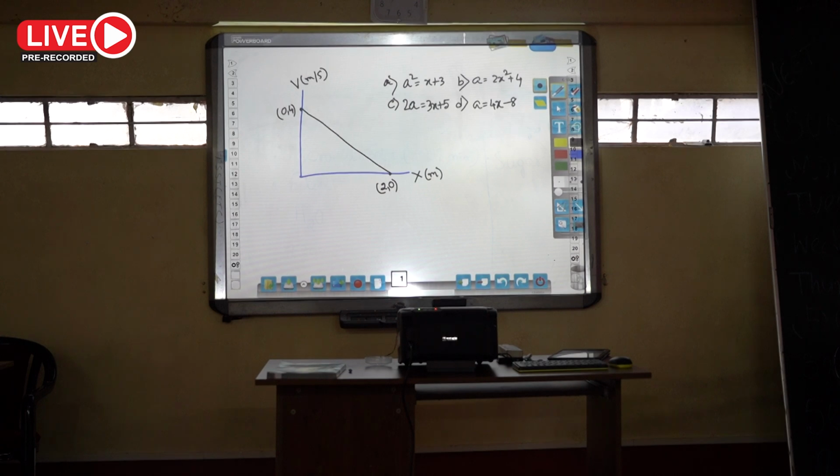Its slope is not acceleration. So the area of this triangle, area v into x. How can that be acceleration? So half into the base into the height. It is area. Area is acceleration.